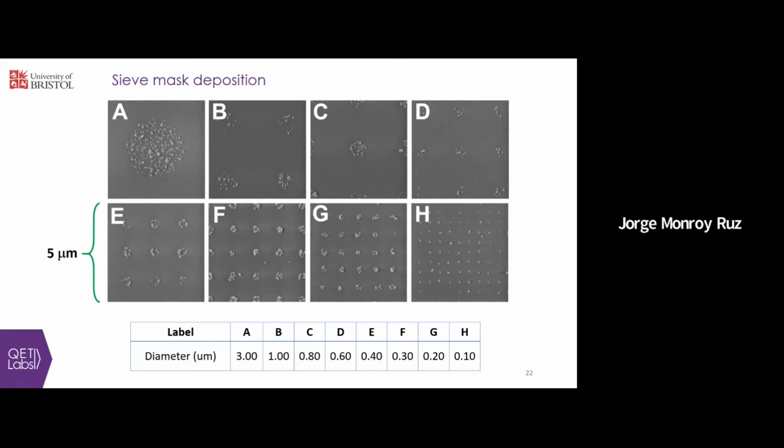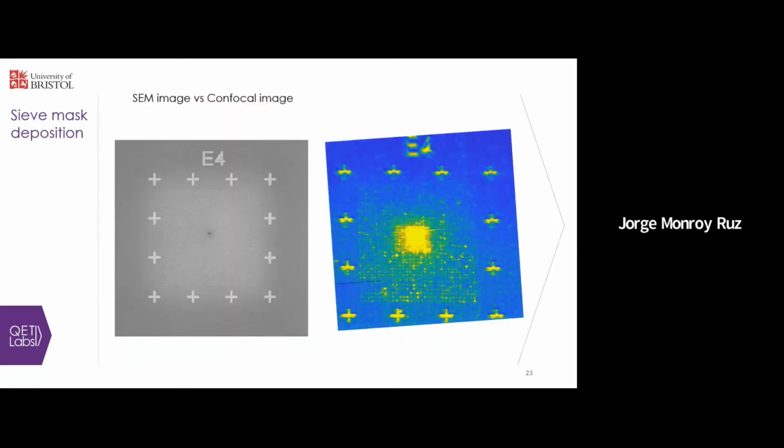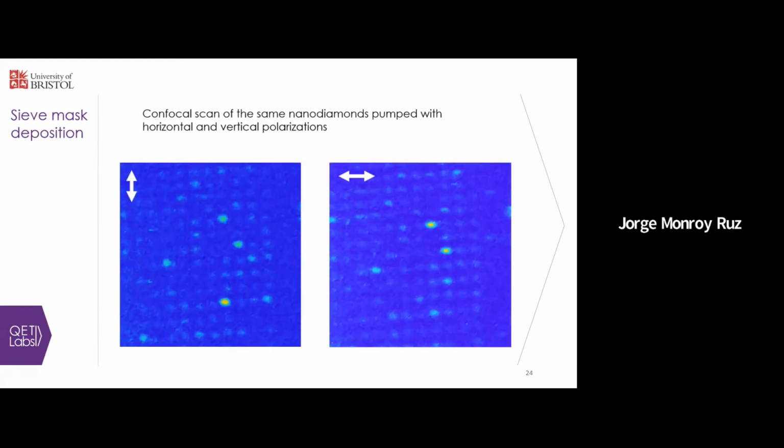Oh, sorry, I went too fast. So I just want to show you the confocal images of these arrays, and we can start doing other kinds of characterizations. So for example, we can see the distribution of orientations.